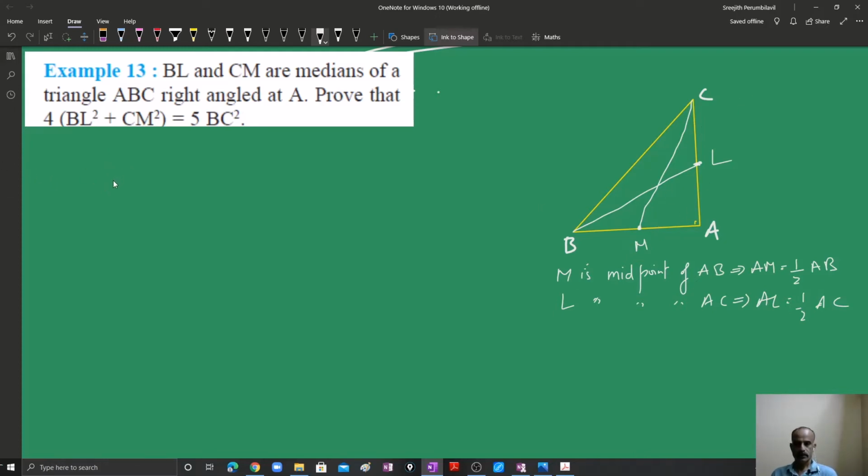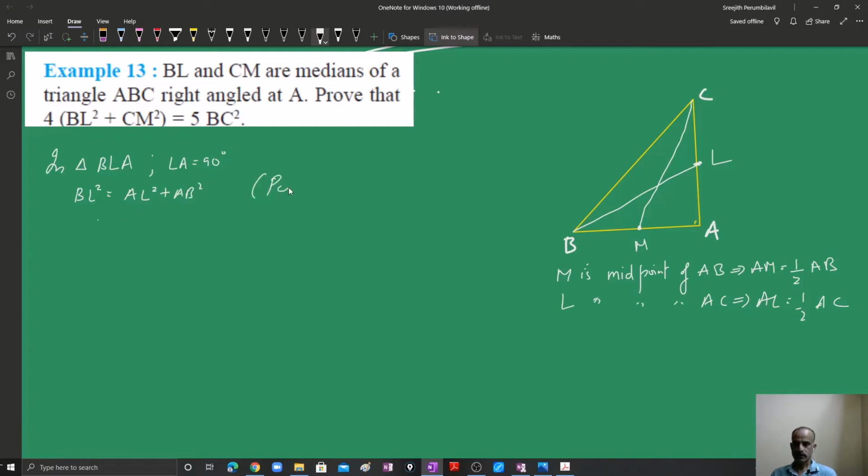Now, first one is BL. In triangle BLA, angle A is equal to 90 degrees. Using Pythagoras theorem, BL square is equal to AL square plus AB square.